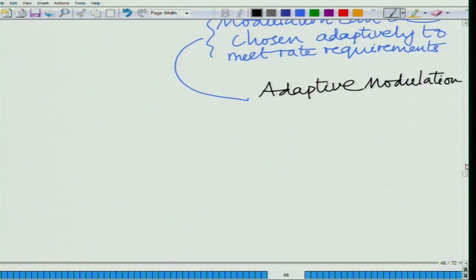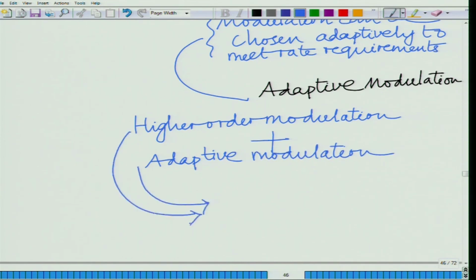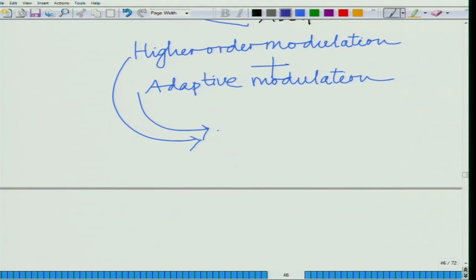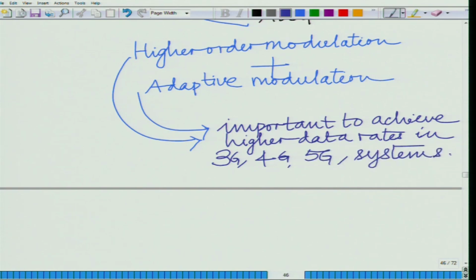So, higher order modulation and adaptive modulation, these are important to achieve higher data rates in 3G, 4G and also 5G.